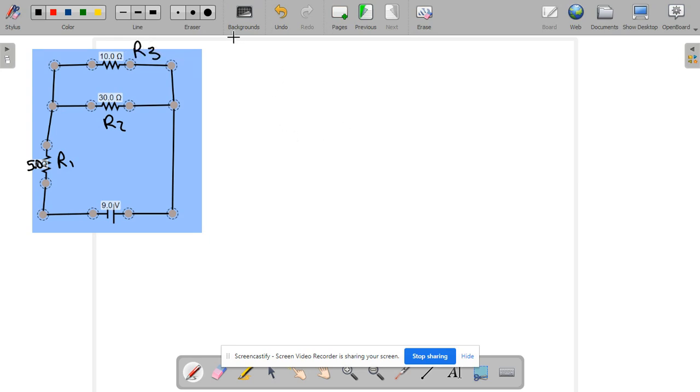I am going to say that 1 over R2,3, the equivalent resistance there, is equal to 1 over R2 plus 1 over R3.